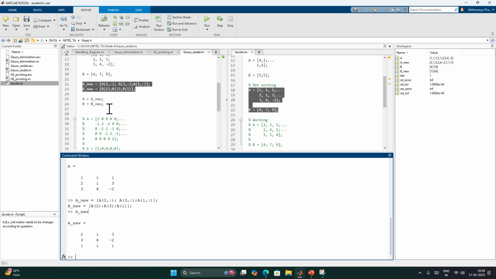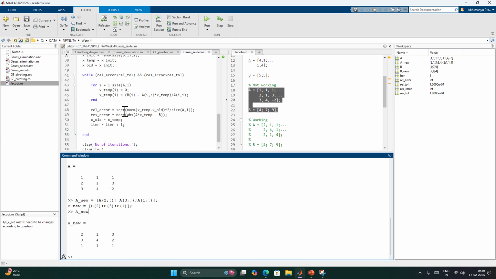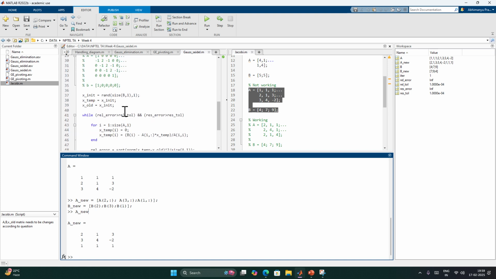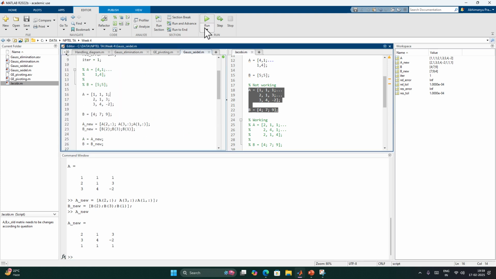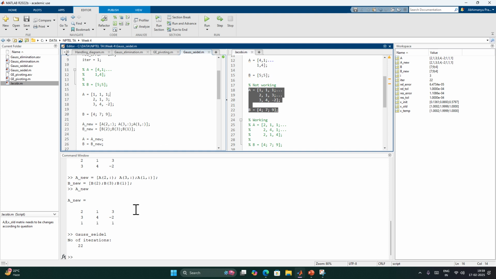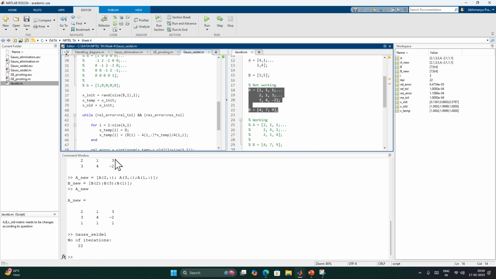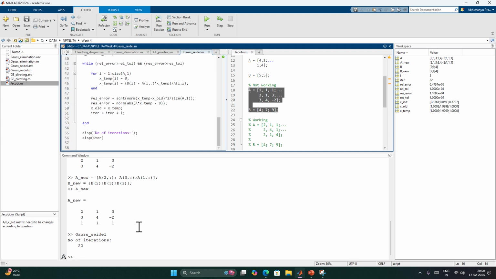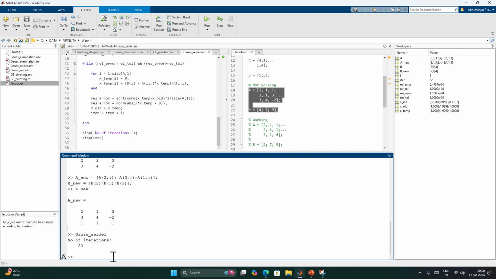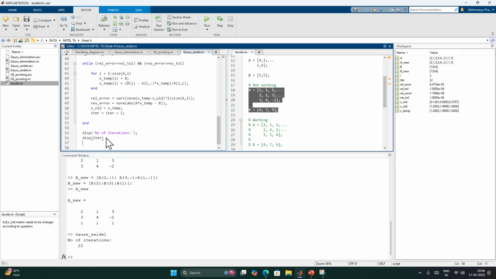Now I'm doing the same Gauss Seidel iterations on this problem, and we will see. So it ran for 22 iterations. Finally, what I'm getting is, okay, let me display that also.